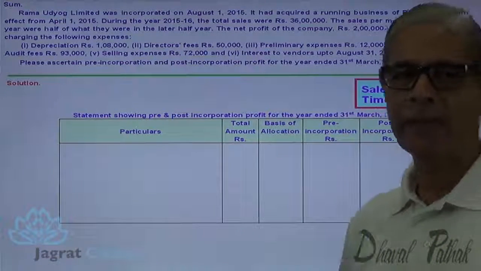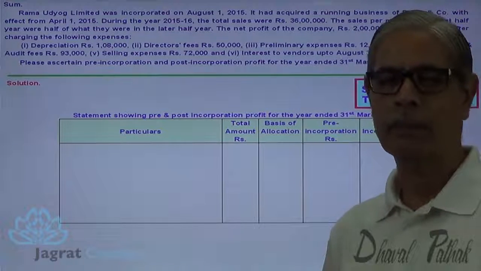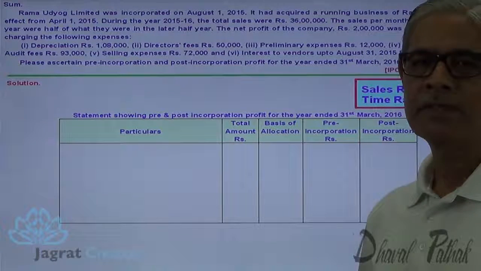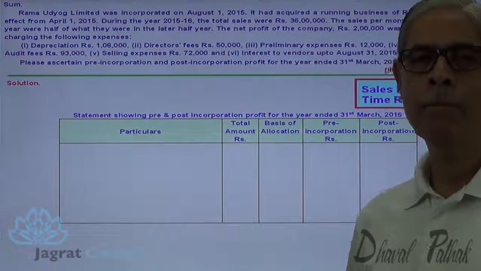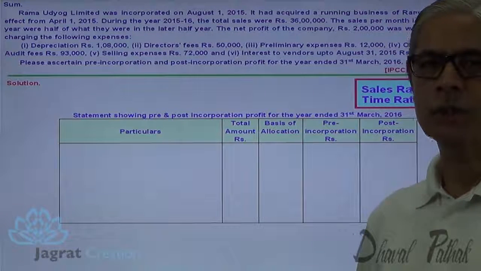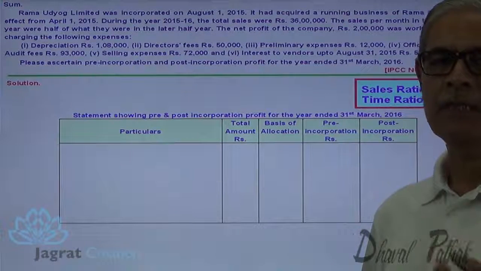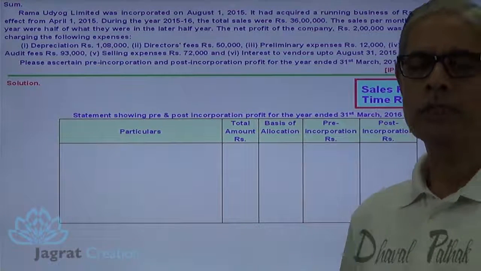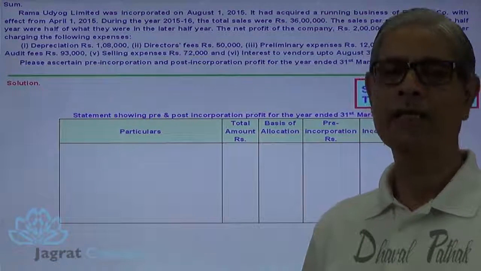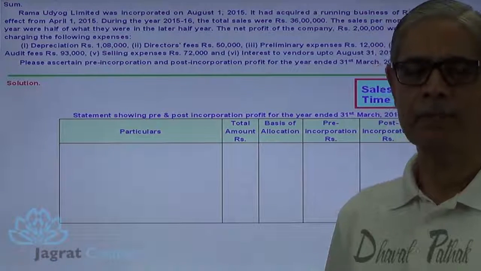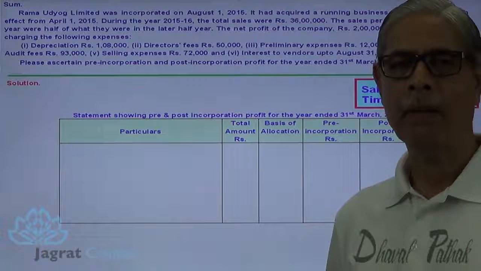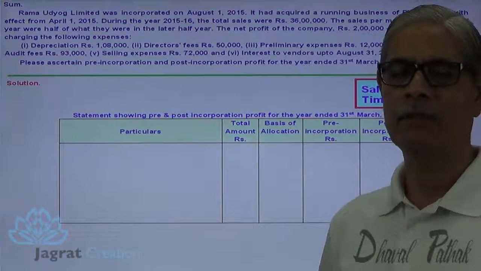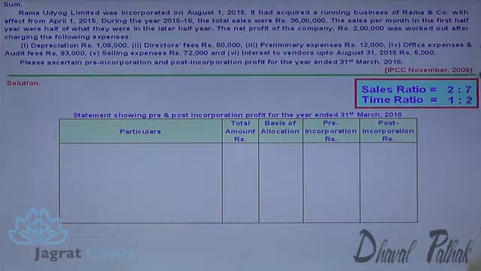Basis of allocation: time relevant expenses will be distributed in the proportion of time. Sales relevant expenses will be distributed in the sales ratio. If some specific expenses are there, just like director fees, it will go to the post-incorporation period, or any other expense for which the specific information is given to us. It will be bifurcated in light of the specific information given to us.